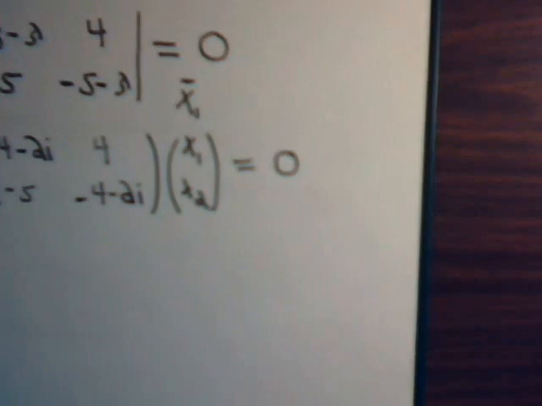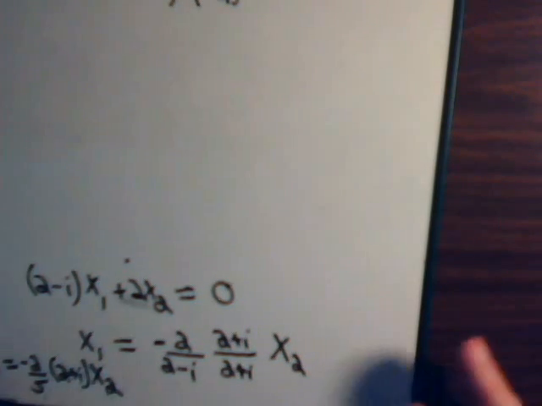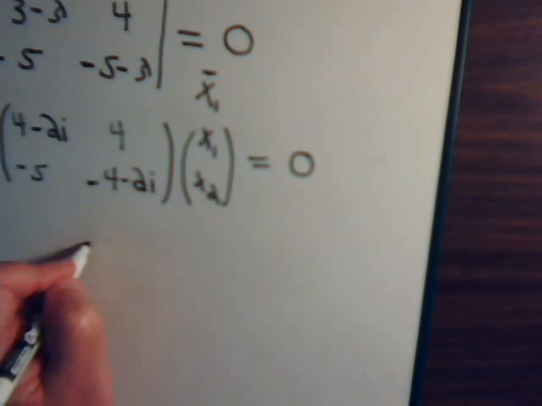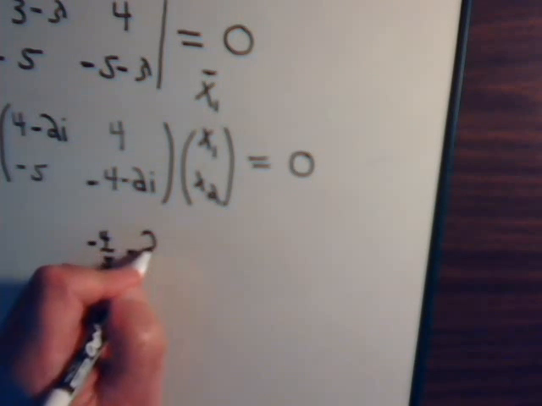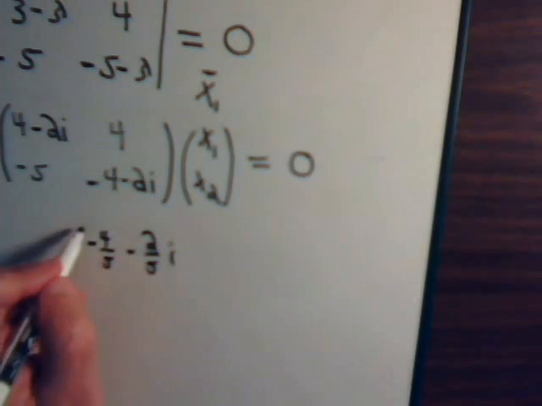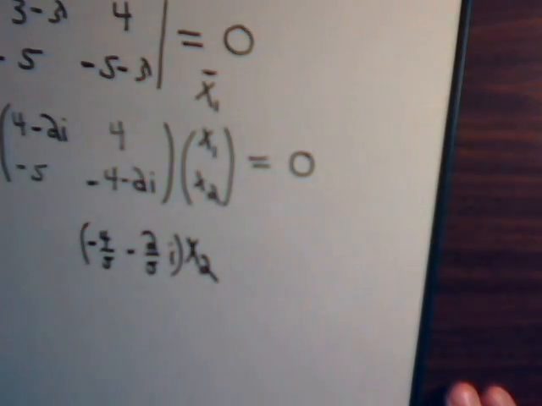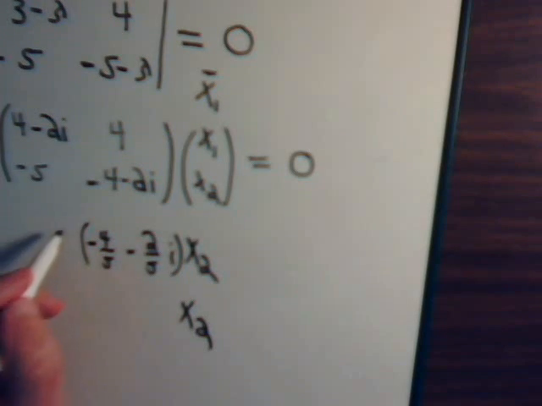Okay, x1 equals 2 plus i times minus 2/5 times x2. So that's minus 4/5 minus 2i/5. So we have x1 is minus 4/5 minus 2/5 i times x2, our free variable. And x2 is just x2.